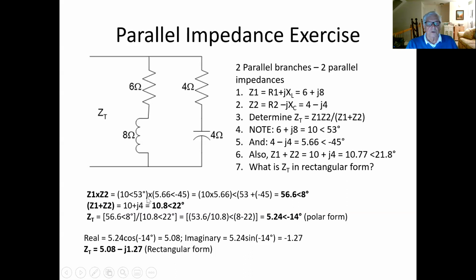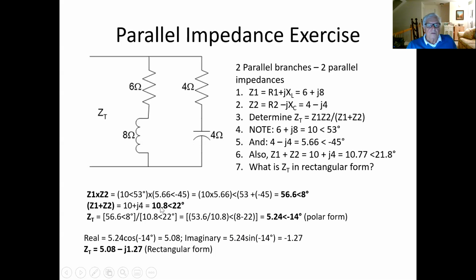So Z1 times Z2, we can do that simply by multiplying the two in polar form to get 10 times 5.66 at 53 degrees plus or minus 45 degrees, so we get 56.6 at 8 degrees, because 53 minus 45 is 8.